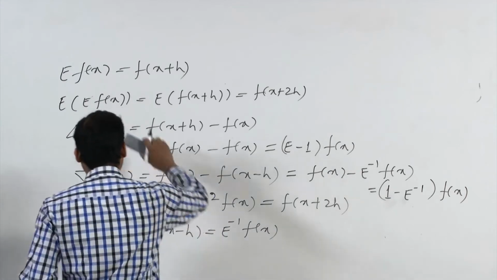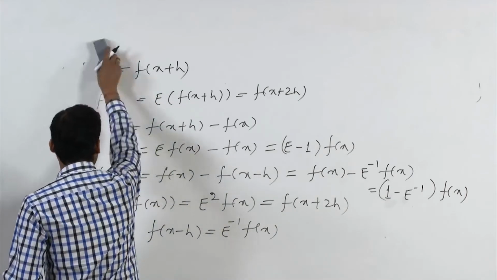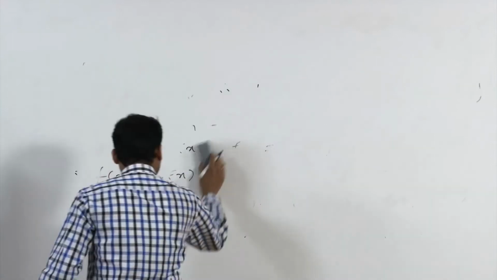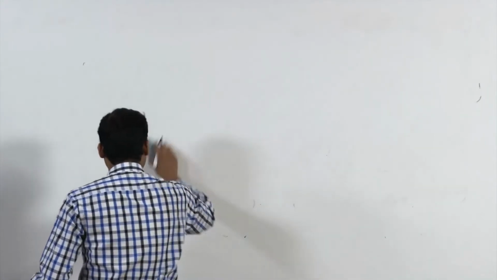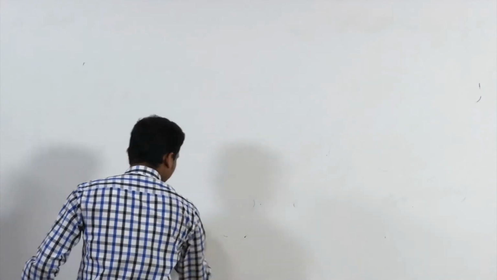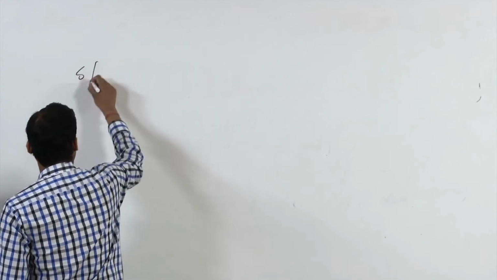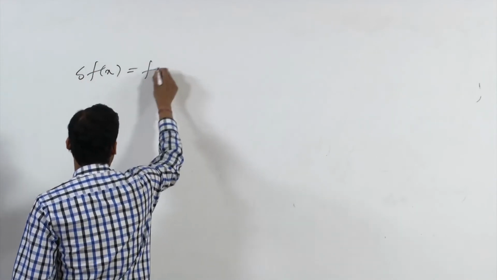Since we are expressing this central difference operator, that is delta f(x), usually it is written as f(x plus h by 2) minus f(x minus h by 2).